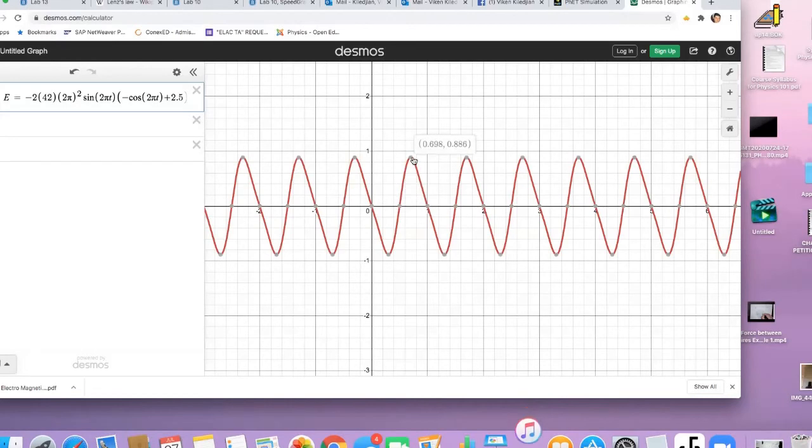So then at 1 second, it comes back to normal. So the maximum voltage induced is 0.886. You see the magnitude, the 0.886, and then over here, it's another 0.886. So 0.886 is the maximum. I'm looking at the y-axis.